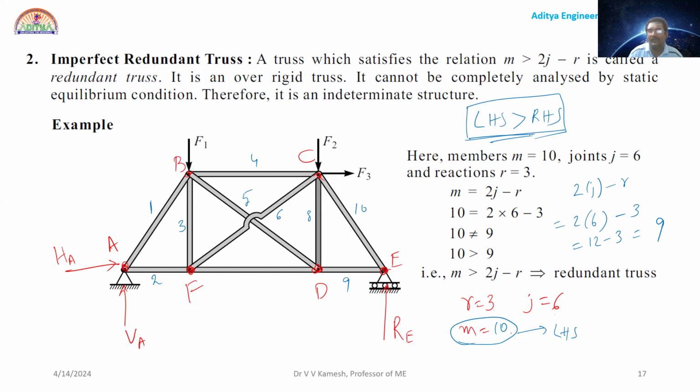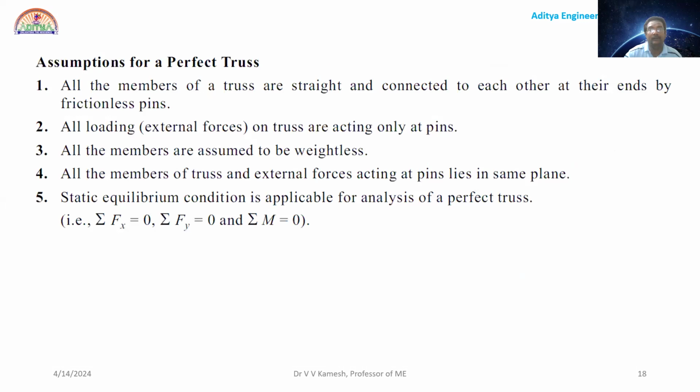So how many excess are there? One extra member is there, probably this FC. If FC is not there, it will become perfect. So this is simply the explanation of what is perfect and what is imperfect.